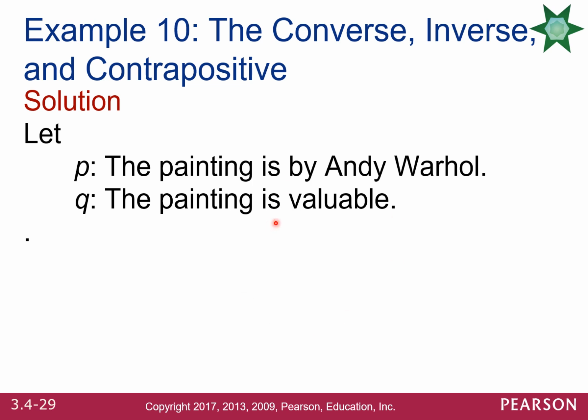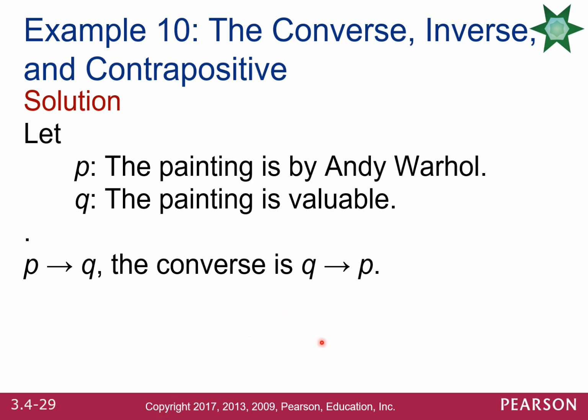So let's look at the converse of the conditional. We have the two simple statements given to us that we extracted from the compound statement. So now we will just write the converse symbolically. So the conditional, which is if P then Q, would have the converse written as if Q then P. So in the next step, we will just rewrite the symbolic logic in words using the words in the statement, right?